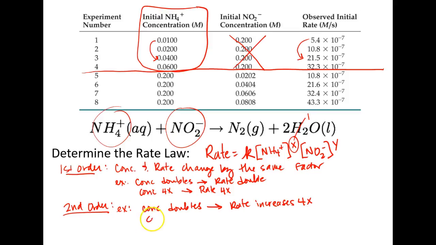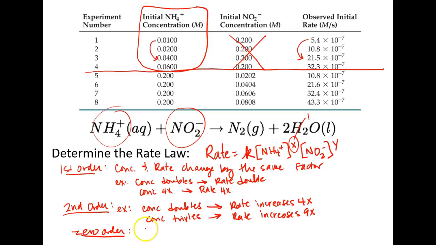Or if the concentration triples, 3 times as much, 3 squared is 9, so then the rate would increase by a factor of 9. There is one other type of order you may come across, and that is zero order.